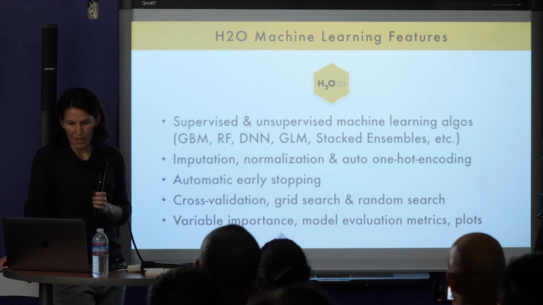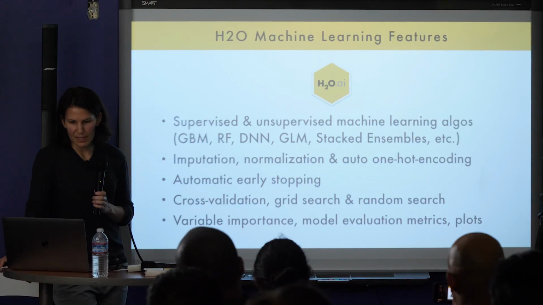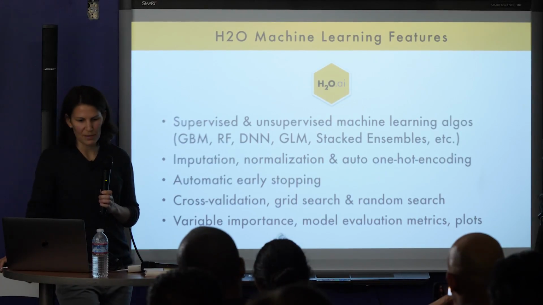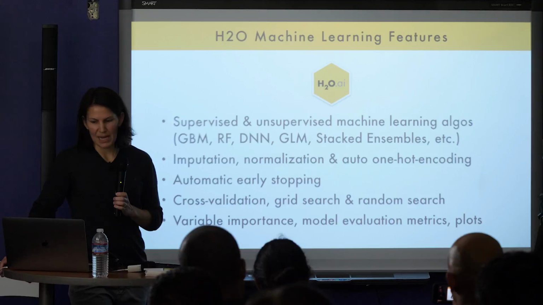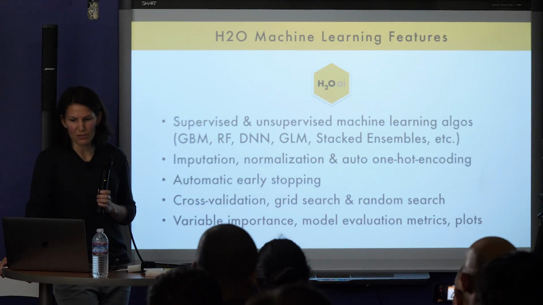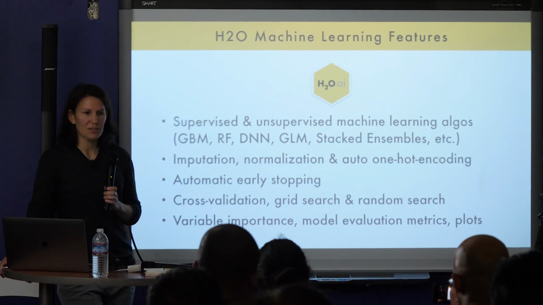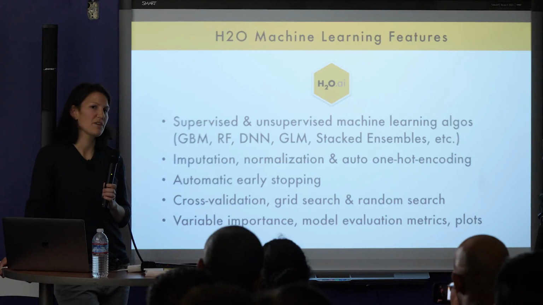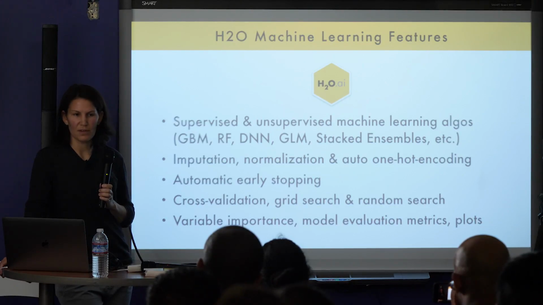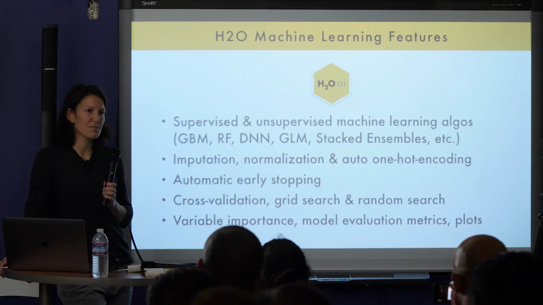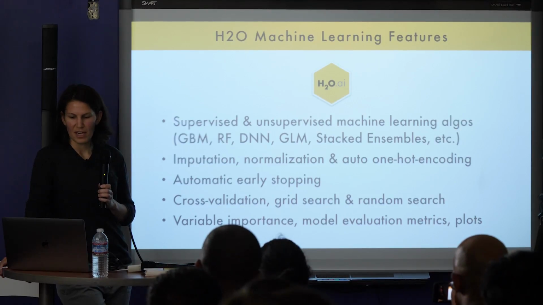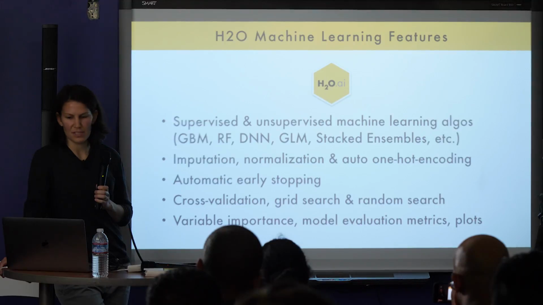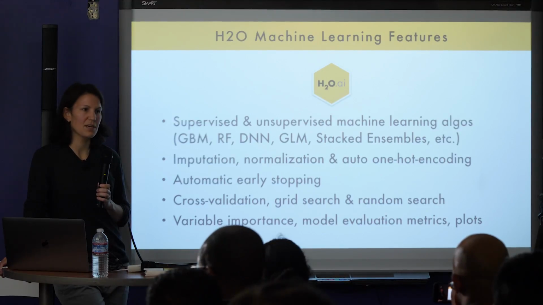And then a lot of the nice features of H2O have to do with pain points you get if you use other libraries where you have to do a lot of the pre-processing yourself. If you have missing values, you have to do imputation. If you're using certain algorithms, you have to normalize the features. If you're using some algorithms, you have to do what's called one-hot encoding.